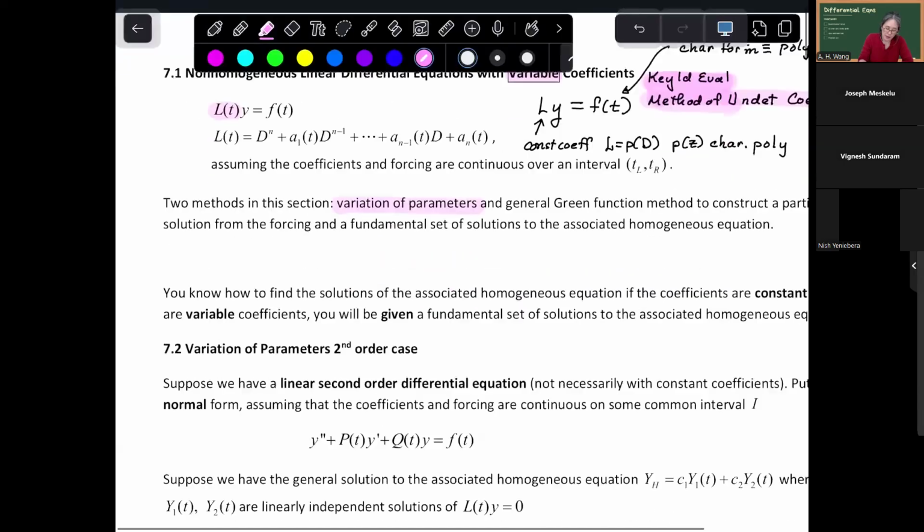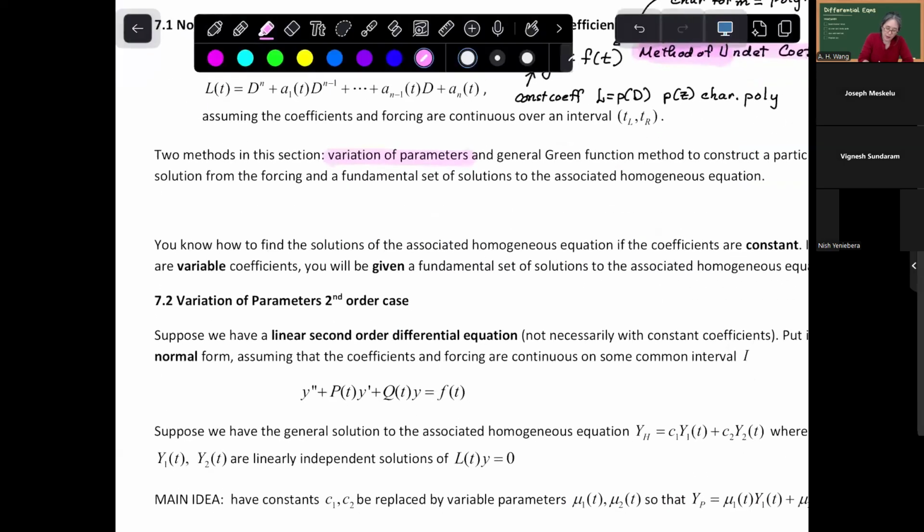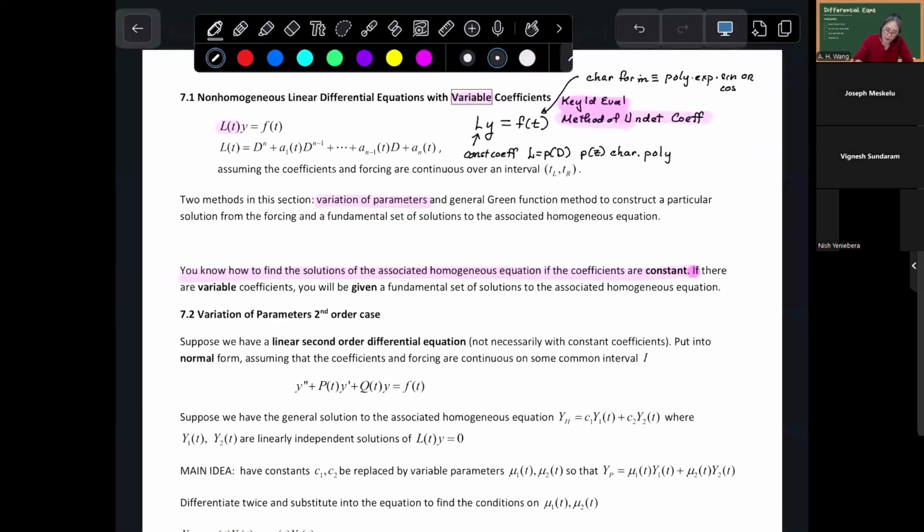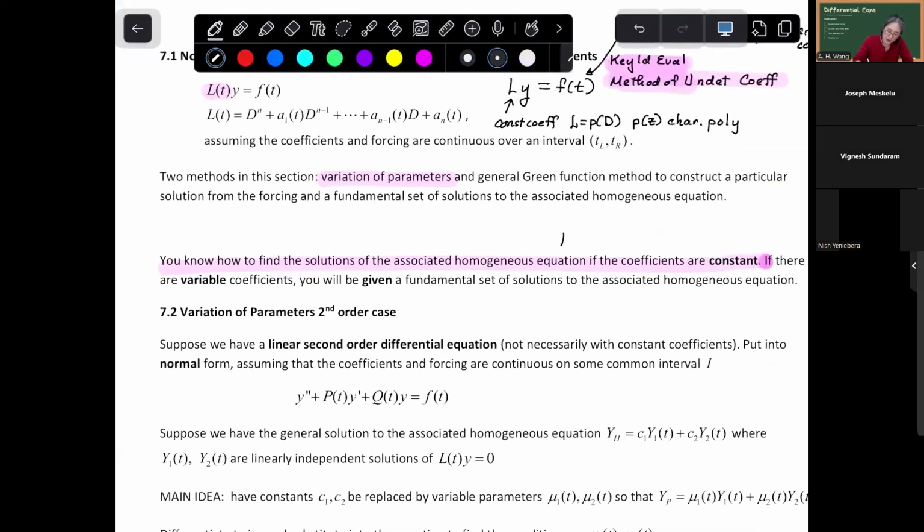We know how to do it when the solutions of the associated homogeneous equations have constant coefficients. In other words, you know how to do Ly equal f of t because the associated is Ly equals 0, and you know how to find the y_h from this.